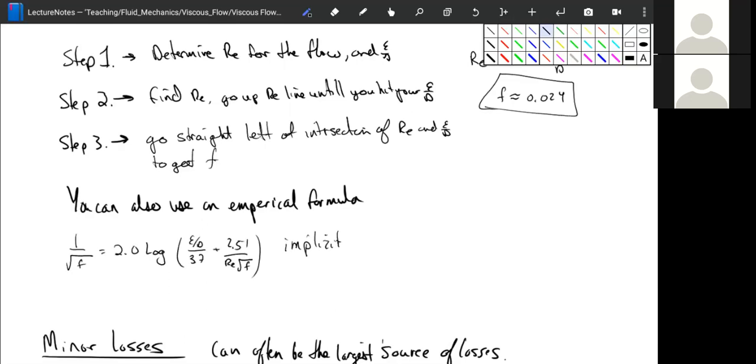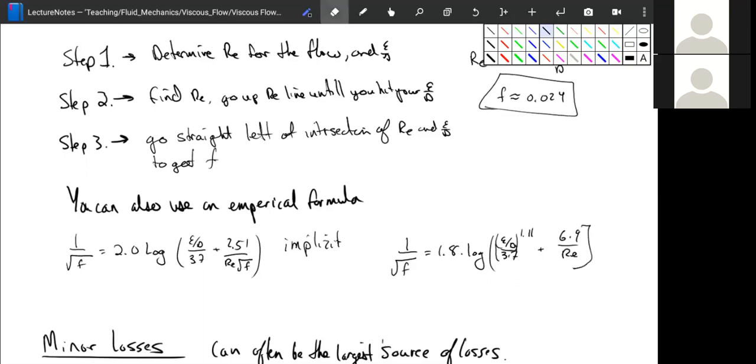So there is also a less accurate version of this formula, which is an explicit version, which is 1 over the square root of your friction factor is equal to 1.8 times the log of (E over D divided by 3.7) to the 1.11 plus 6.9 divided by the Reynolds number.